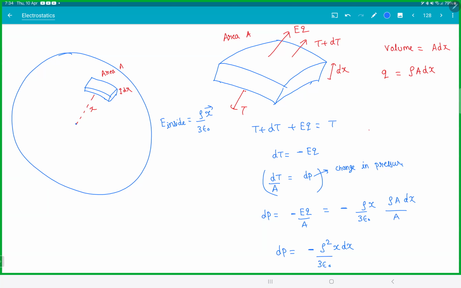Now, one thing you have to be careful here. If you take a sphere, what is the pressure on the open ends? What is the pressure on the surface? Is there anyone here to push it? There's no one, right? So pressure on the surface is zero. Remember this thing, the free ends and the open ends will always have zero pressure.